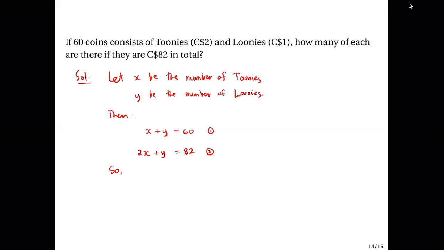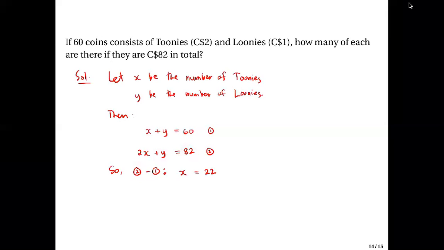So in here, what I'm going to do is subtract equation 2 minus equation 1. So we have 2x minus x. That's just your x. And then y minus y, that's 0. And then we have 82 minus 60. That's just 22.